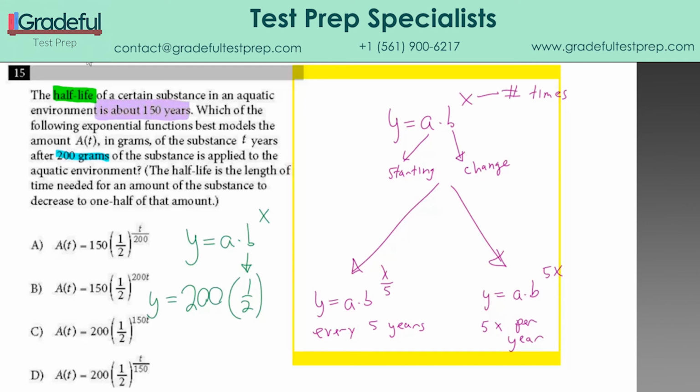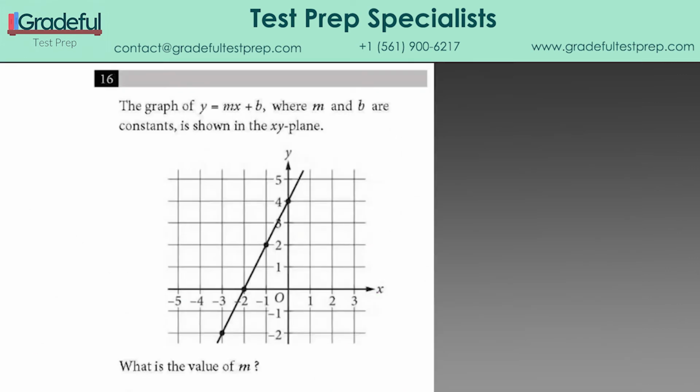Because if the half-life is 150 years, it means that it's shrinking by a factor of 1/2 every 150 years. So that's x over 150 according to this rule that we showed right here. And that's our answer for number 15. It's answer choice D.